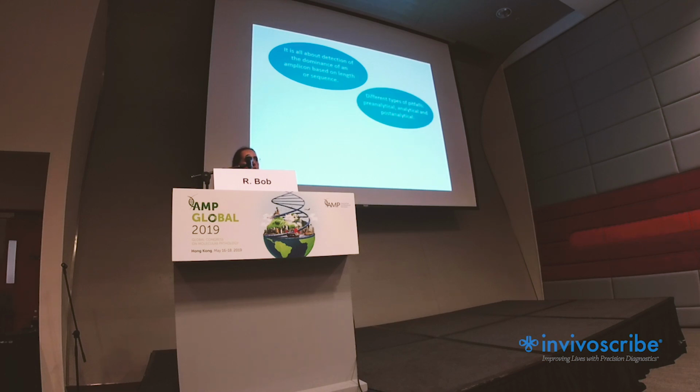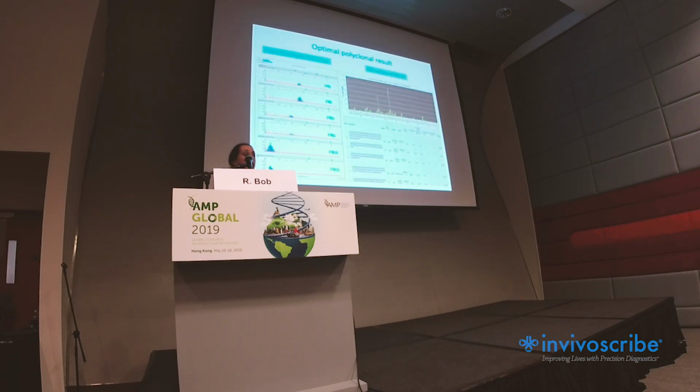There are different types of pitfalls which present themselves in different forms, and we want to go through these to see how these pre-analytical, analytical, and post-analytical pitfalls would look. I start with a presentation of how beautiful life could be when everything works optimally. We have a polyclonal population. You see many different rearranged DNA amplicons.